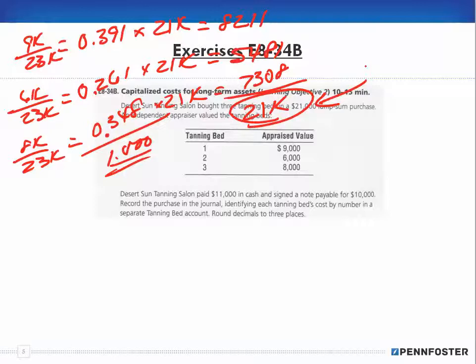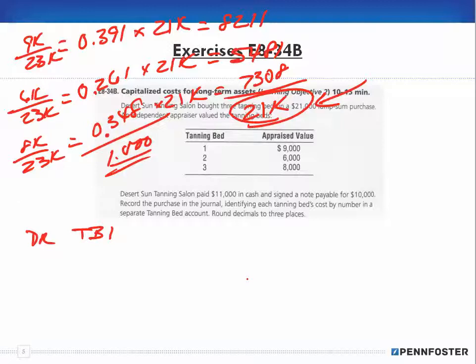Okay. Now, it says here, record the purchase in the journal, identifying each tanning bed's cost by a number, in a separate tanning bed account. Right, so we're going to have a debit to tanning, and I'm just going to make it TB instead of writing out tanning bed. Okay, tanning bed 1.